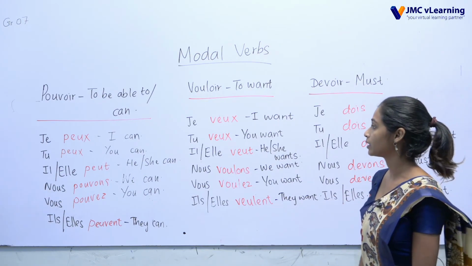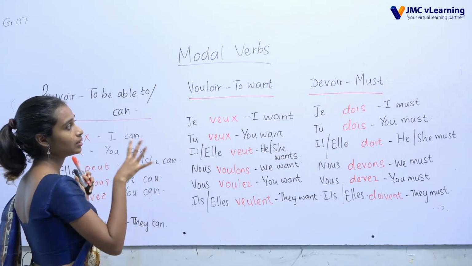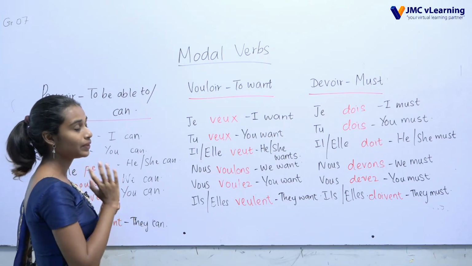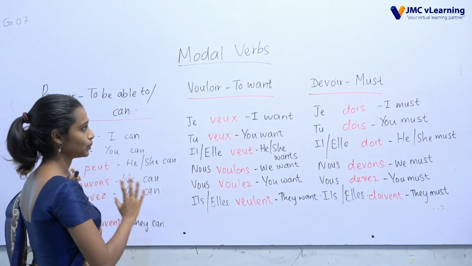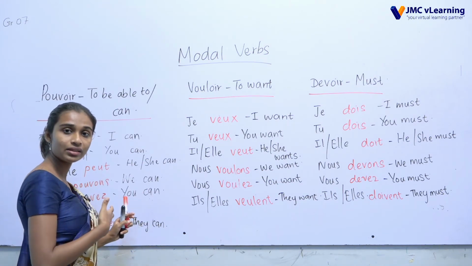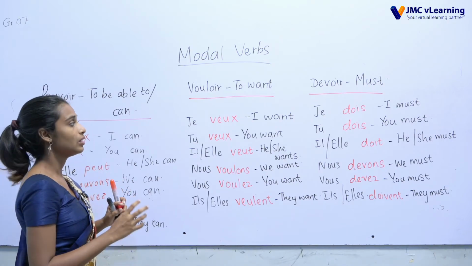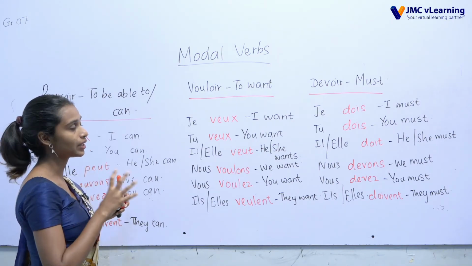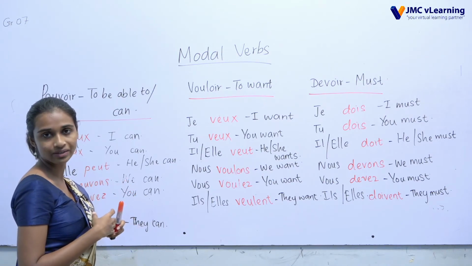Right? Okay. So now you all have learnt how to conjugate the 3 modal verbs in French. Please pause the video and write down the note. Write down all these conjugations. Just like the auxiliary verbs we learnt earlier, the modal verbs also play a very main role in writing sentences in the French language.